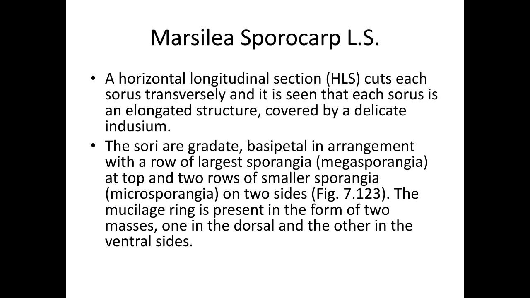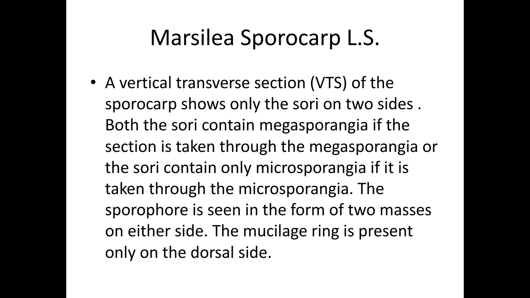The mucilage ring is present in the form of two masses, one in the dorsal and the other in the ventral side.